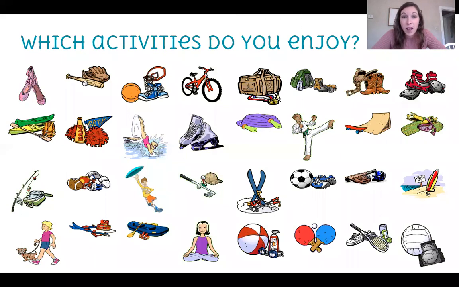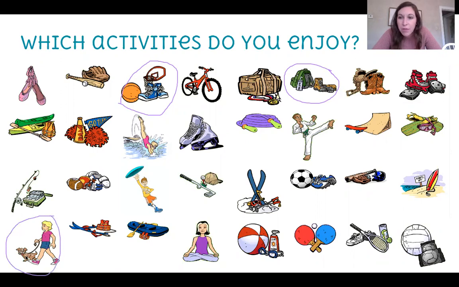As you tell me, I am going to circle activities that I like. I like basketball. I like hiking. And I like walking. I don't have a dog, but I still like walking in my neighborhood.